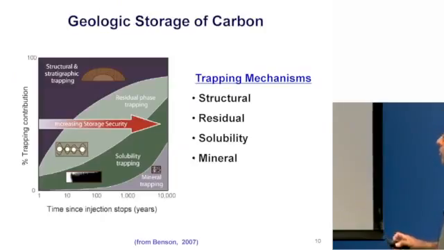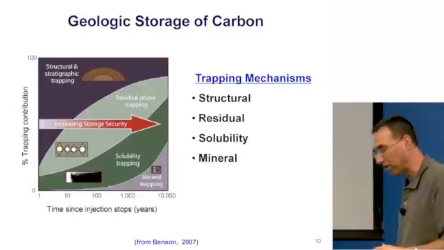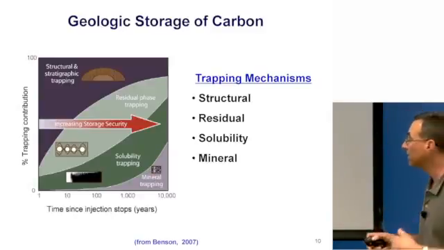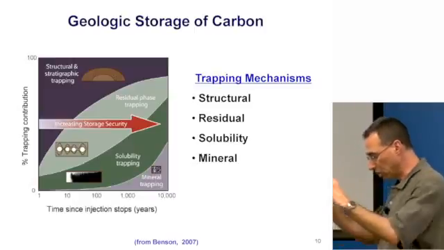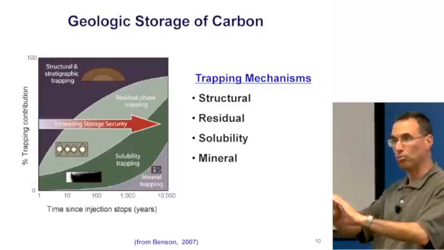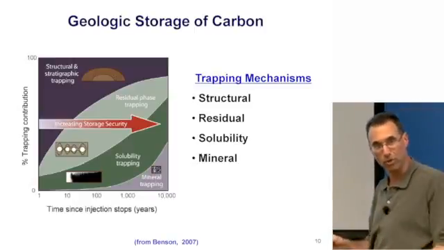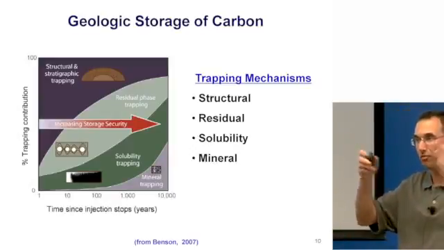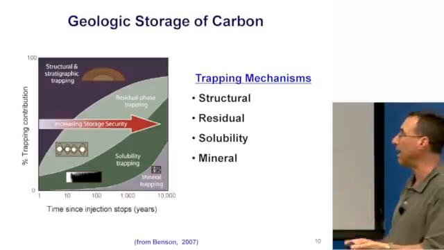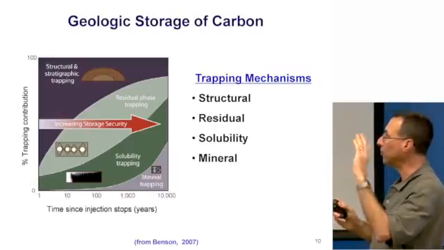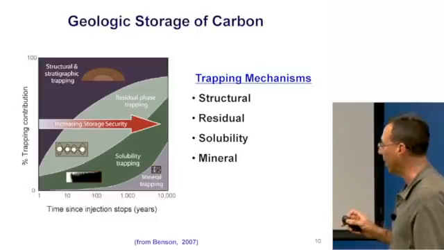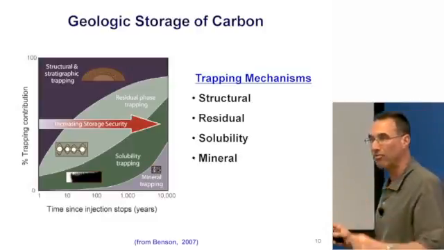So let's look a little bit now, focusing in on the carbon storage aspect of this. This is a plot of, so here we have this in situ salt water basically, and we're going to inject CO2 into it with the expectation of not seeing the CO2 again in the atmosphere. So the way the CO2 is stored, which is sometimes referred to as trapping in this context, is by a variety of mechanisms.